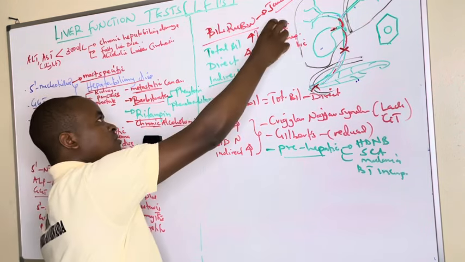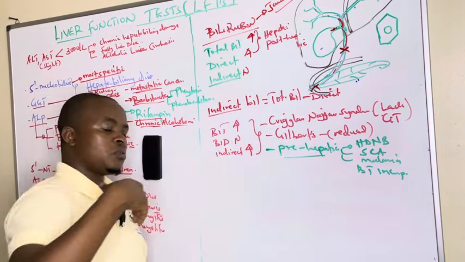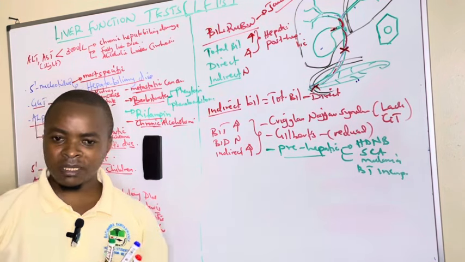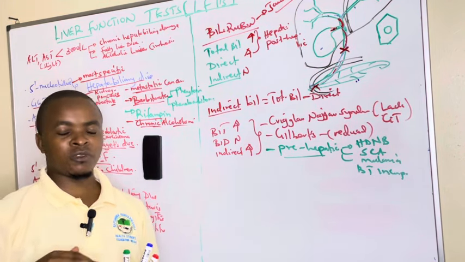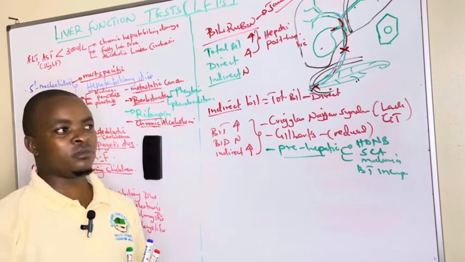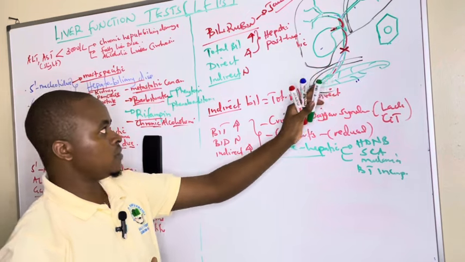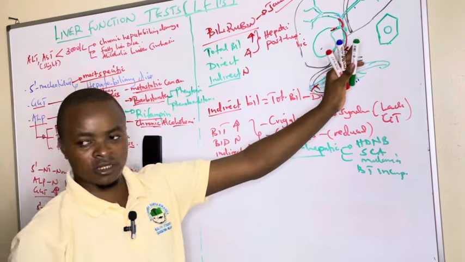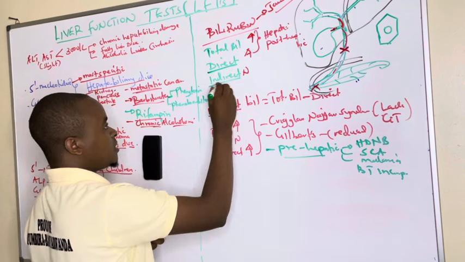So here are the causes whereby direct is high but indirect is normal. We can see it in hepatitis, any cause of inflammation of the hepatocytes, in Dubin-Johnson syndrome, in Rotor syndrome, and any cause of hepatobiliary obstruction can cause direct being high, whereas indirect is normal.